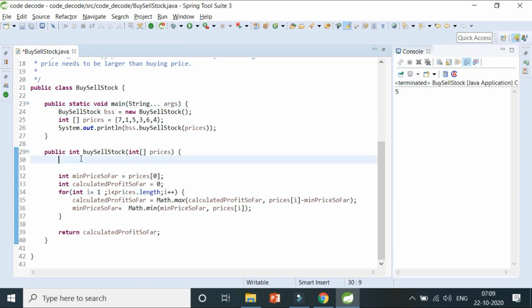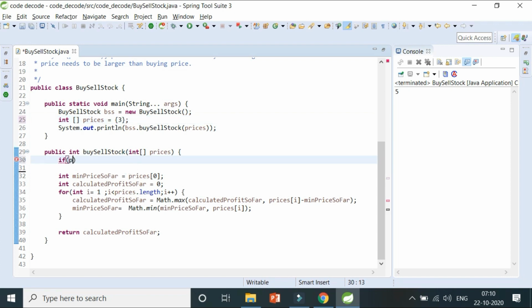Okay, so our problem is almost completed, but we have to put one check here. And the check is, you can see that our array is of size 6. But what happens if our array is of size 1? In this case we don't have anything to compare, right? We have only one value to buy and only one value to sell. So if you buy on 3 and sell on 3, the profit would be 0. So we have to put one check.